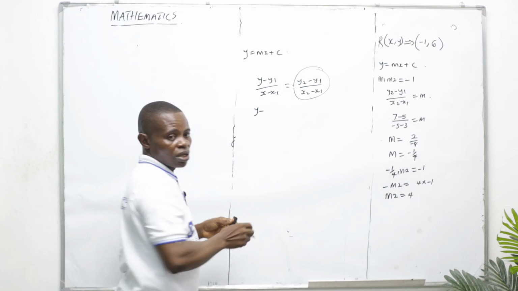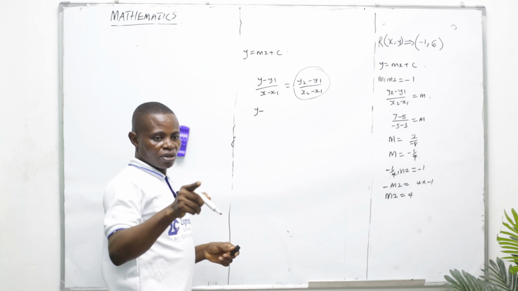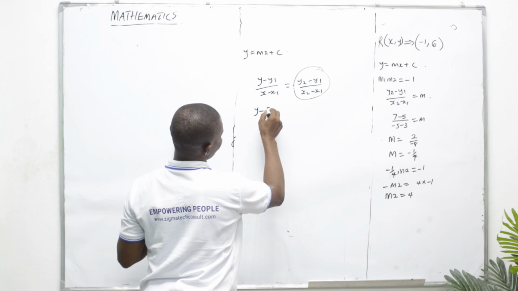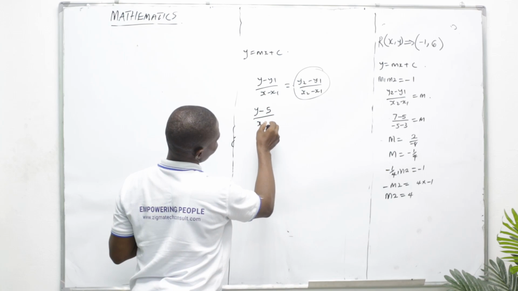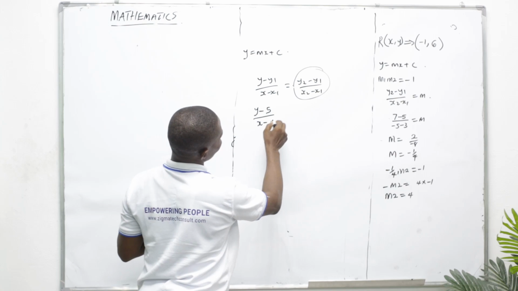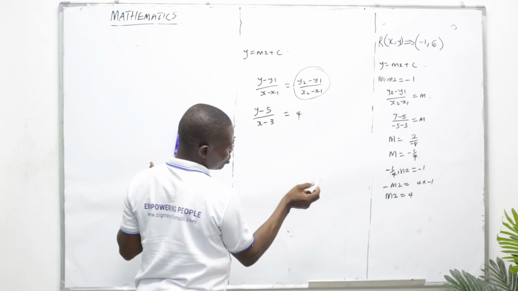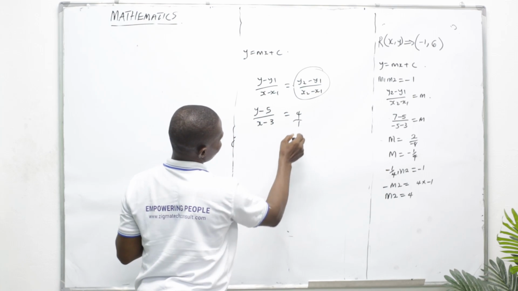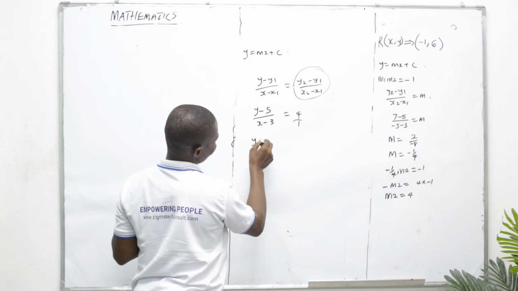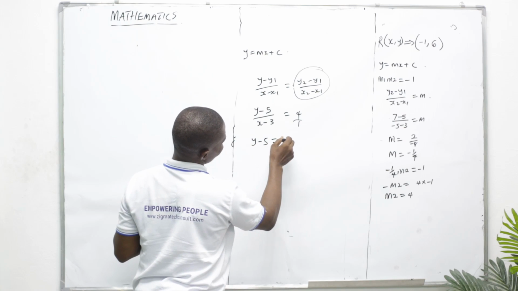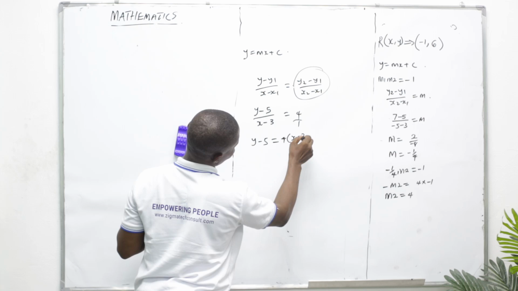What is your y1? Look back in the question. y1 is 5. x1 is 3. Equals 4. Just cross multiply: y minus 5 equals 4 times x minus 3.